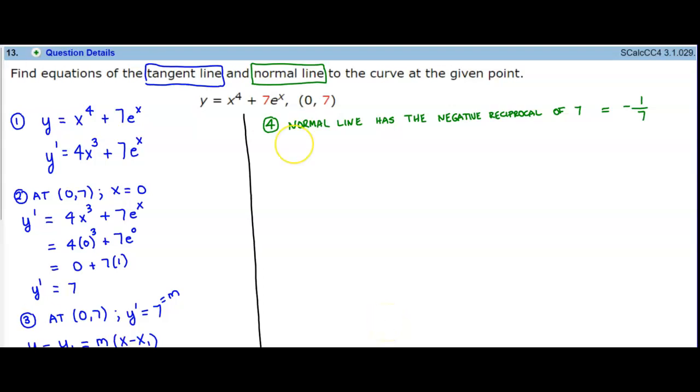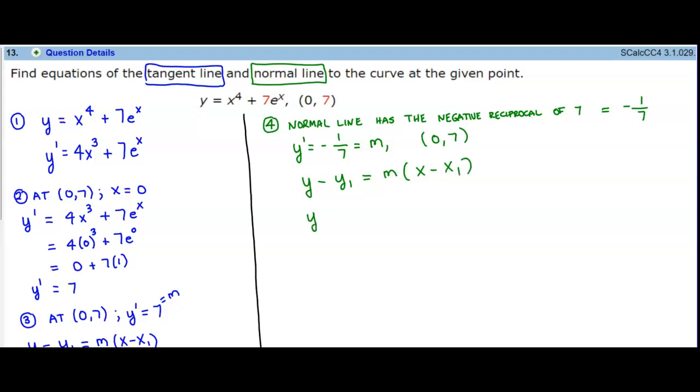So that means we know that we have the slope equal to negative 1 over 7, which also equals m, at the point (0, 7). So we're going to use the same point-slope formula, y minus y1 equals the slope m times x minus x1.